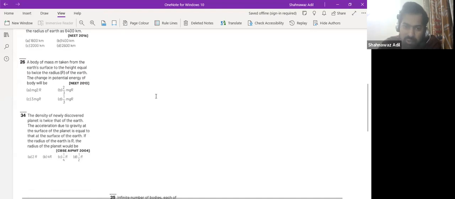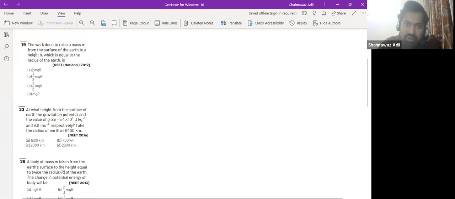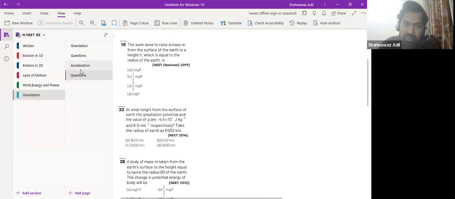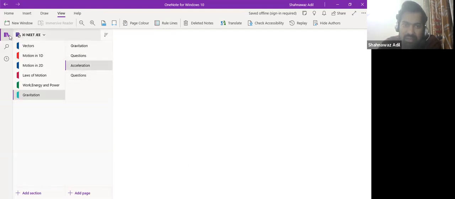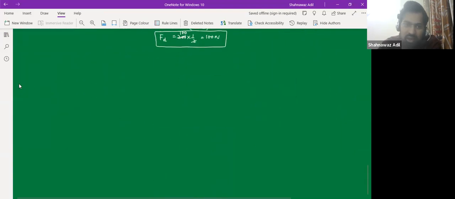So these are the questions for acceleration, and then we will do some questions on potential energy.